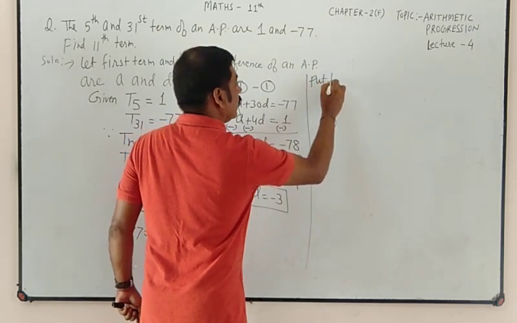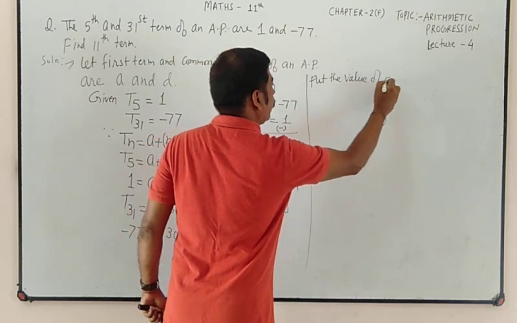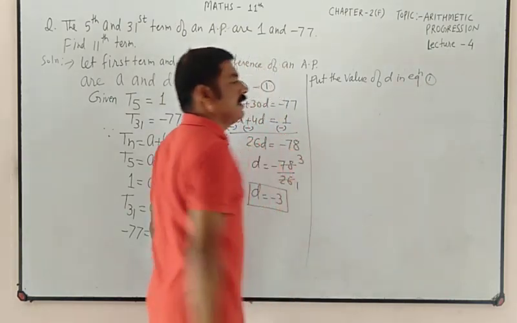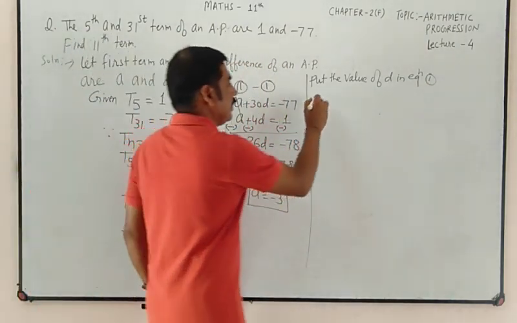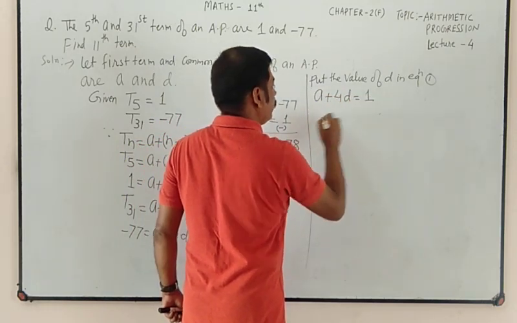Put the value of d in equation 1. Now equation 1 is a plus 4d is equal to 1.